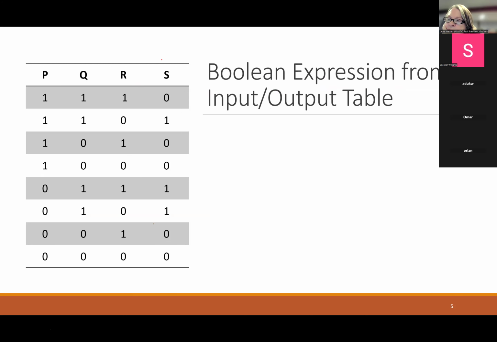As you're thinking about this, this is your output. So drop in the chat, which rows am I interested in creating a Boolean expression for here? Go ahead and drop it in the chat. There are 8 rows.